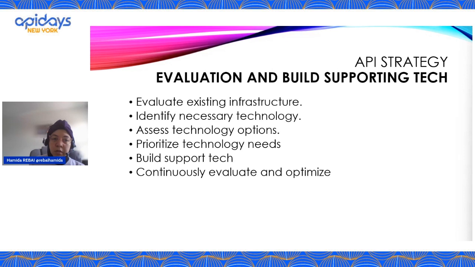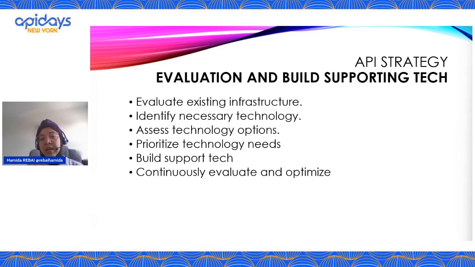Now it's time to evaluate and build supporting tech. It's another step, and an important part of developing an API strategy, because we will evaluate existing infrastructure. We start by evaluating the organization's existing infrastructure.